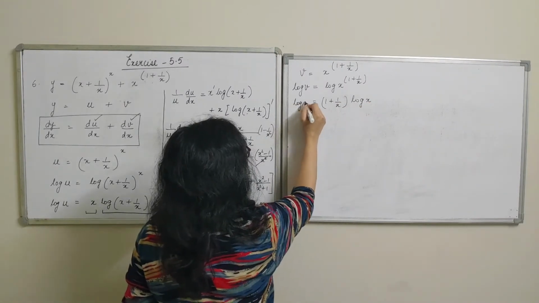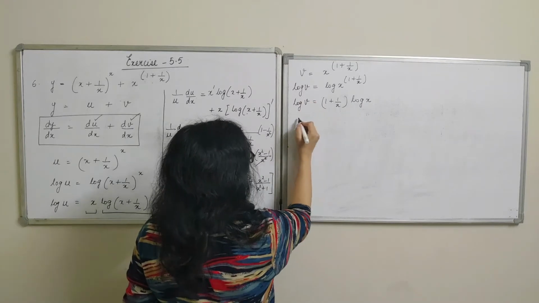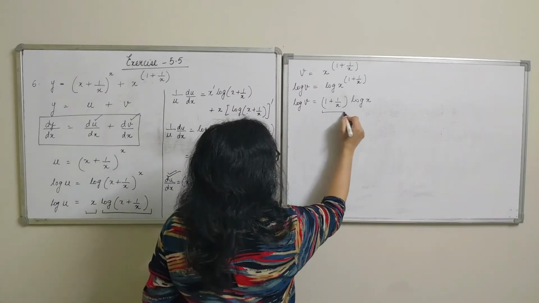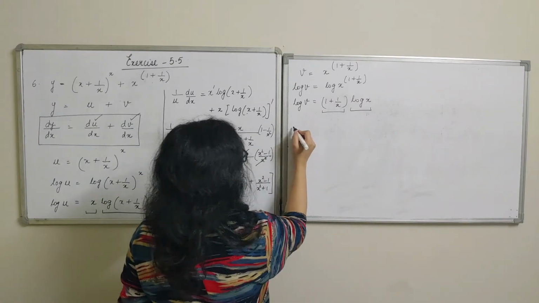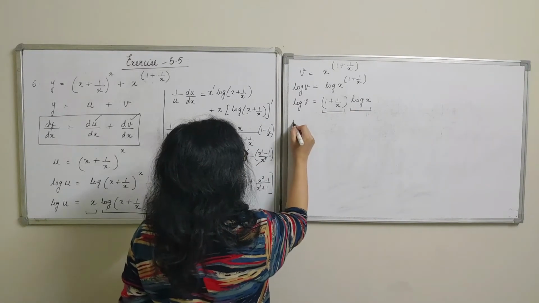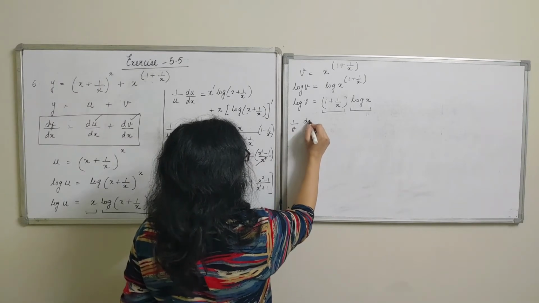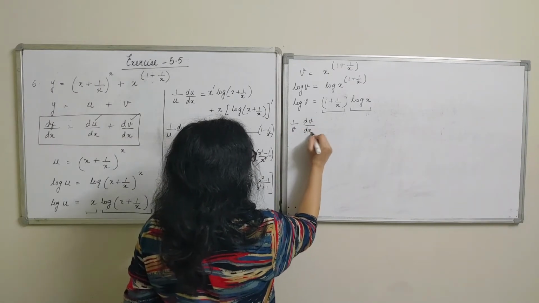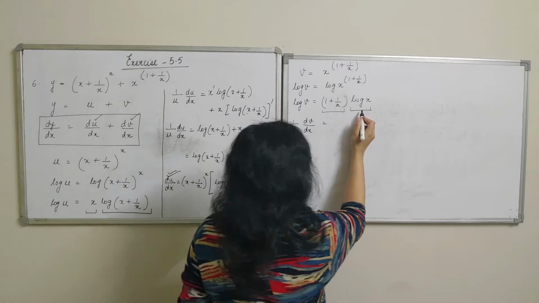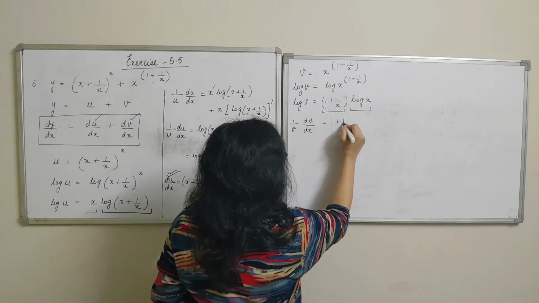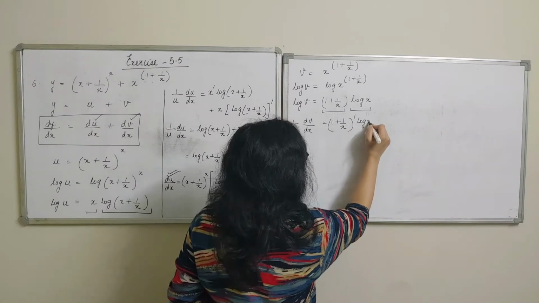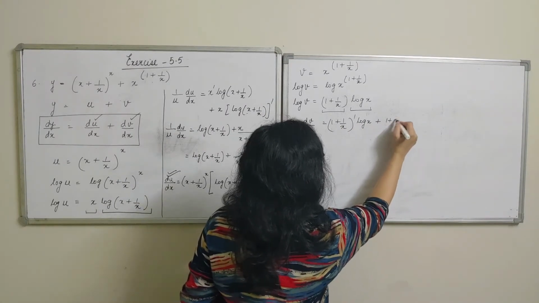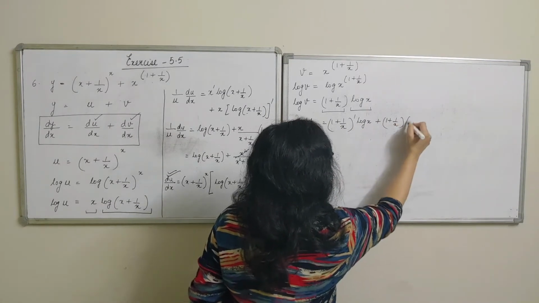On the left side we have log v. Now because here we have got an algebraic function and a log function, so we have a product of two functions, so we can differentiate left side and the right side using product rule. So using the product rule we get this.